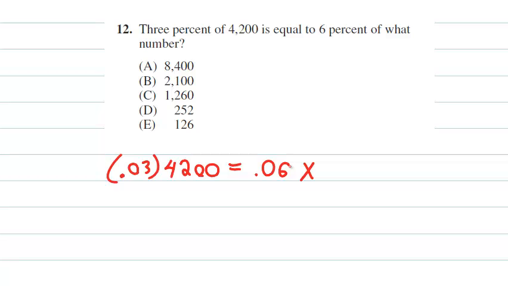Multiply out on the left. 126 equals 0.06x. Divide both sides by 0.06, and 126 divided by 0.06 is 2,100. So we know x is 2,100, and the answer is B.